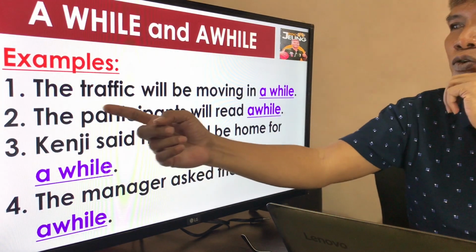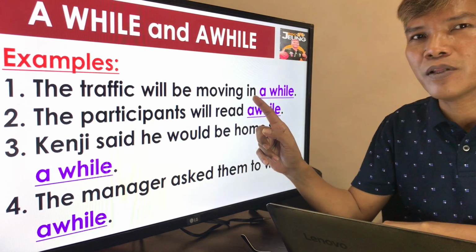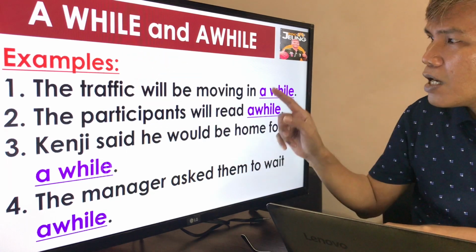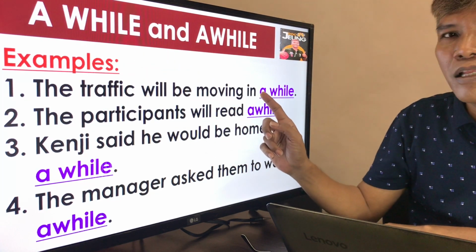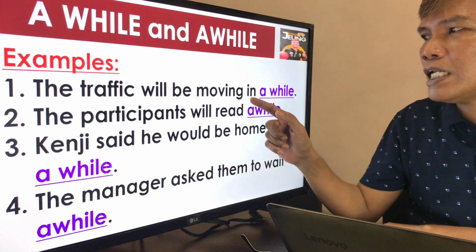Look, the traffic will be moving in a while. There is a preposition and the next word is a while. You will place it after a preposition, in.